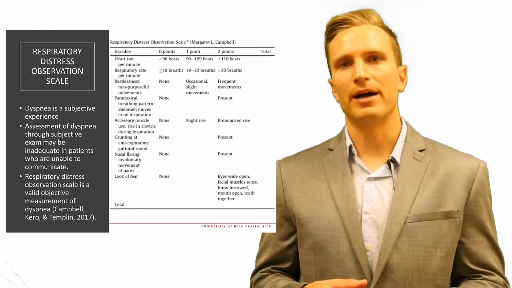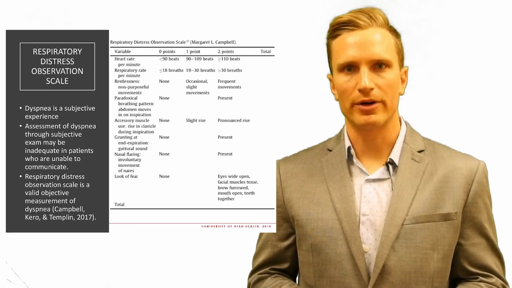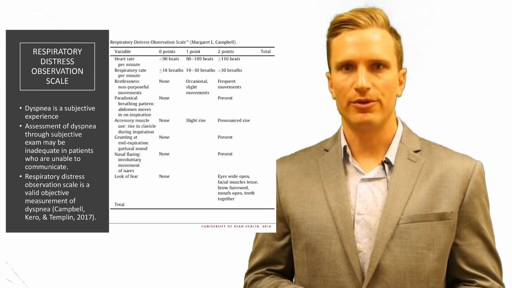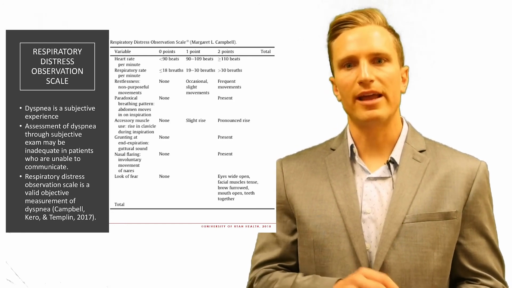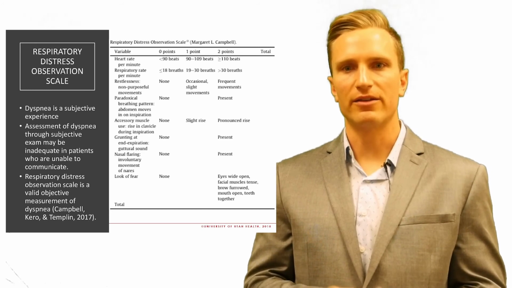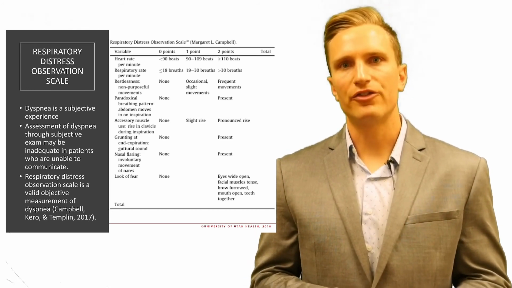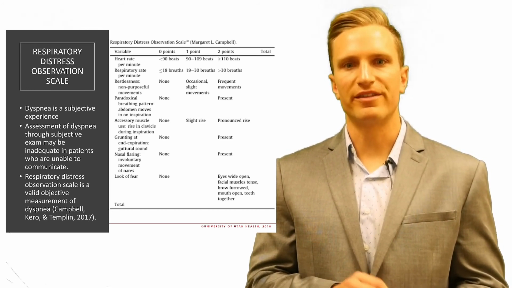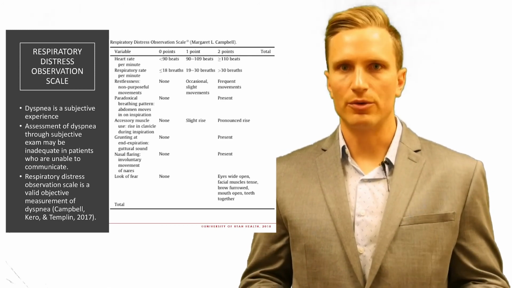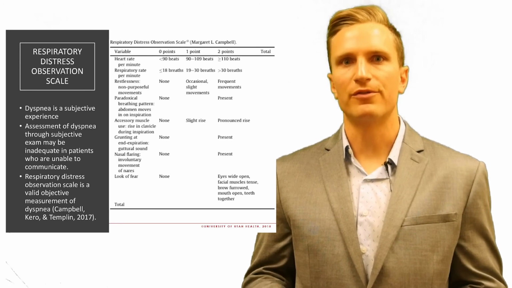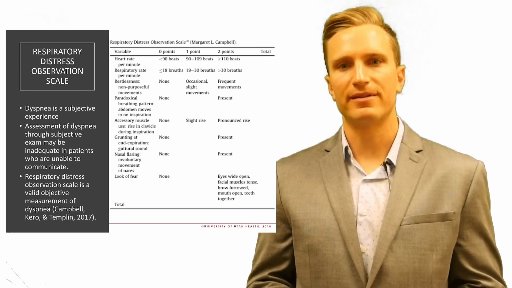It was created by a nurse researcher named Margaret Campbell, and it's used to assess the presence of dyspnea. There are 8 objective variables on the scale, as you can see here. Each variable is rated from 0 to 2. It's a validated tool that's very appropriate to use for end-of-life care patients specifically.